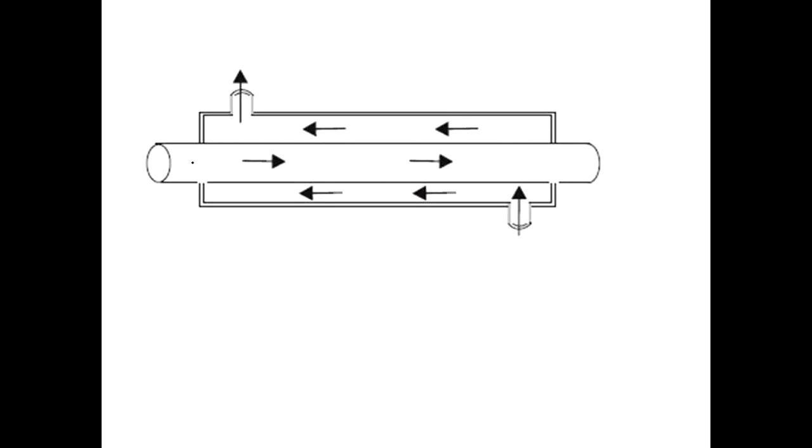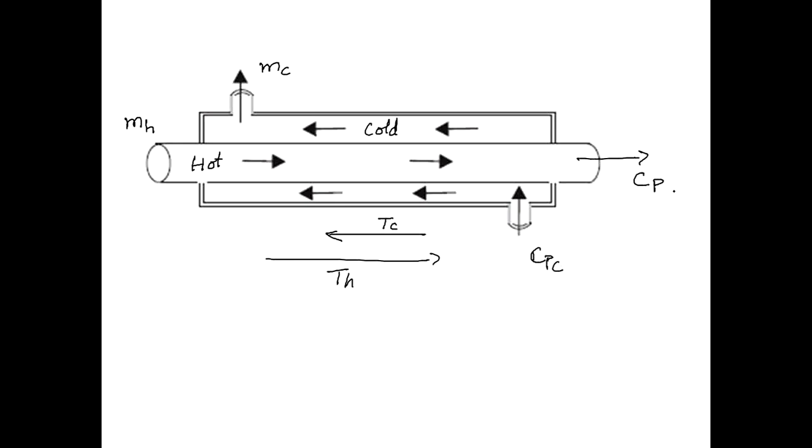Note on the sketch, here what will happen? Hot fluid is flowing in one direction, cold fluid is flowing in another direction. This is the hot fluid Th and this is the cold fluid Tc. Therefore it is flowing in the opposite direction. Let the mass flow rate of the hot fluid be mh, and the mass flow rate of the cold fluid be mc, with specific heats Cpc and Cph.